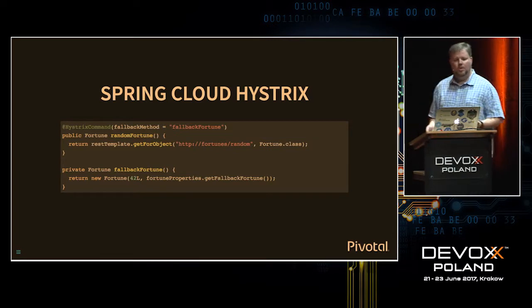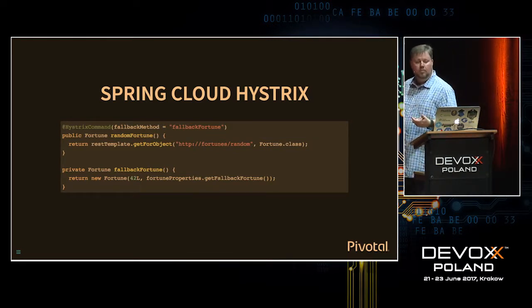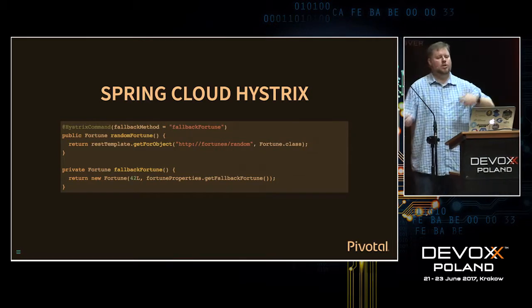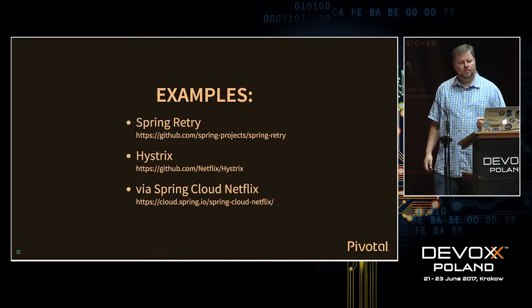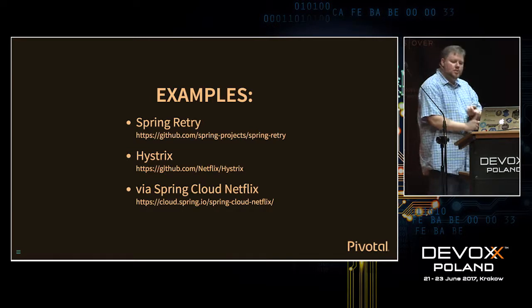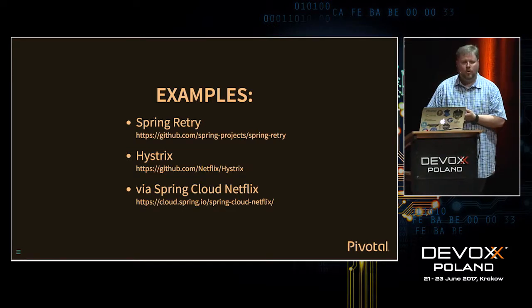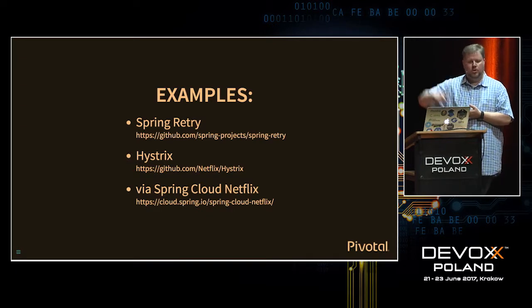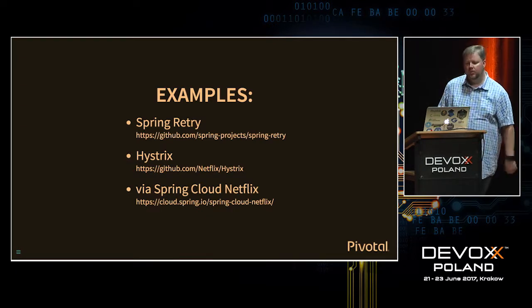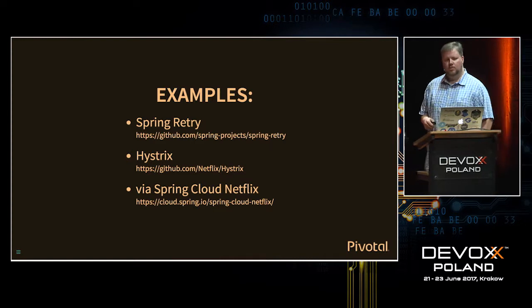Of course, we can tweak all of those thresholds and counts that I talked about by passing additional arguments to the HystrixCommand annotation. So again, take a look at Spring Retry, take a look at Hystrix, or you can leverage Hystrix directly or go through Spring Cloud to get this annotation of Spring Bean behavior.